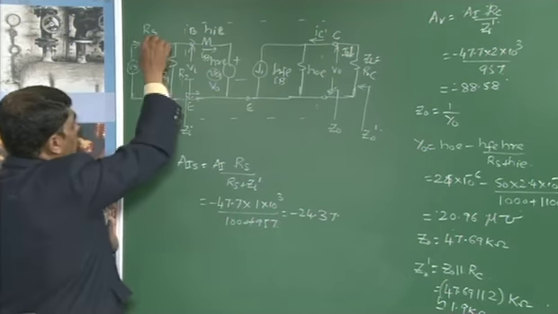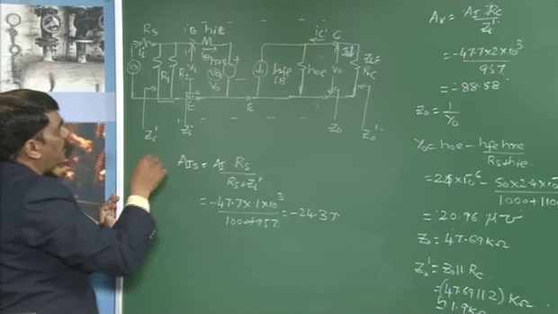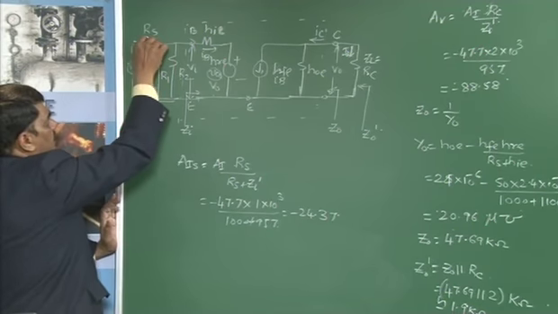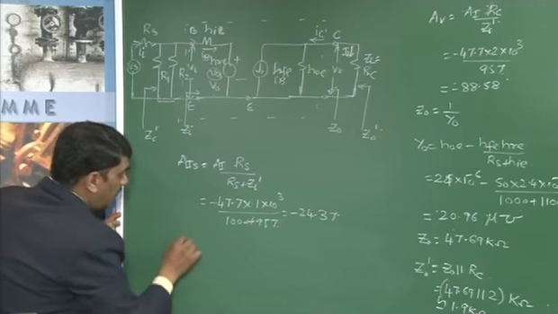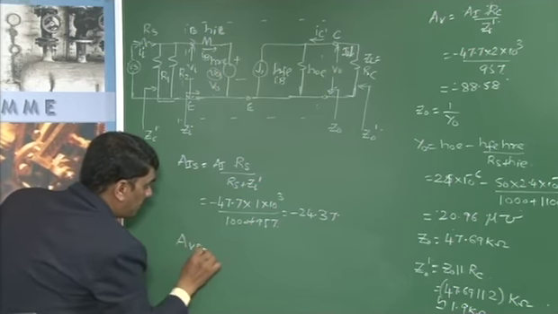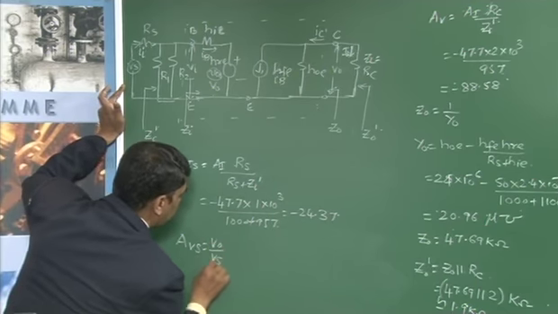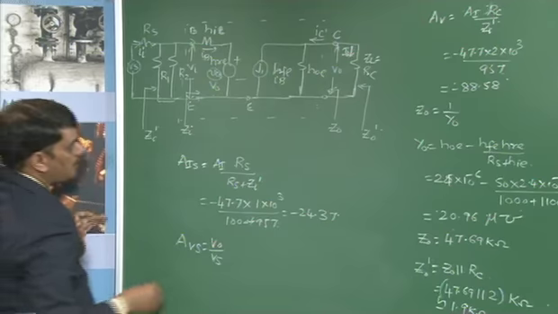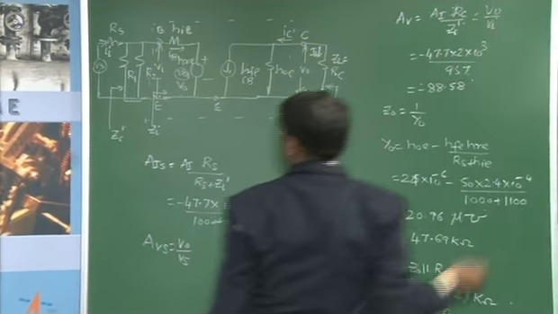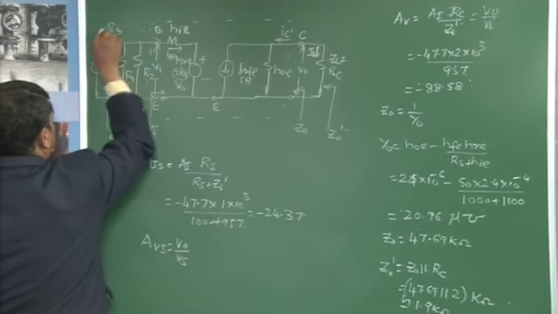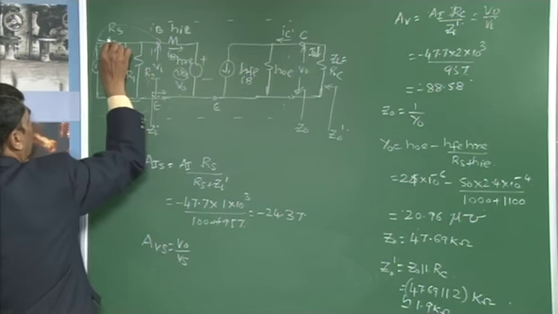Means if the value of this RS is higher, then the gain is also higher. But for a current source, this resistance RS has to be smaller. Then we need to calculate the voltage gain. If they ask you to calculate V naught by Vs, because AV is the ratio of V naught by Vi, we need to calculate the voltage at this point due to the effect of R1, R2 and Rs.